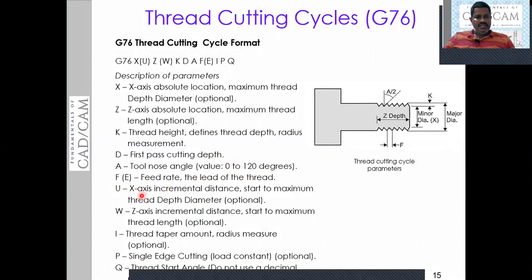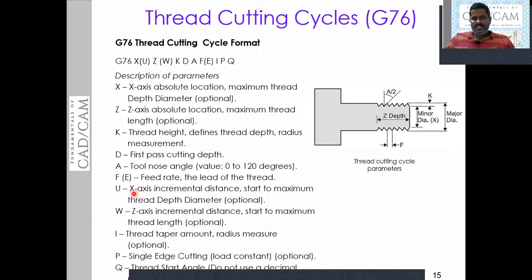Okay. Then U indicates the axis incremental distance, start to the maximum thread depth diameter that you can see here, same value. Then W indicates the axis incremental distance, start to the maximum.